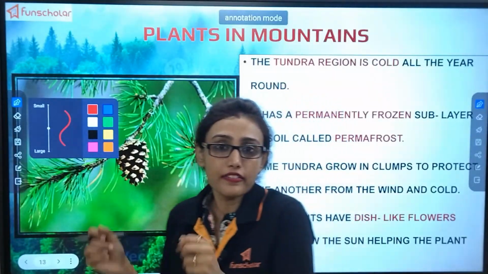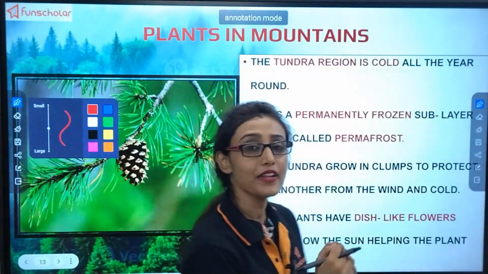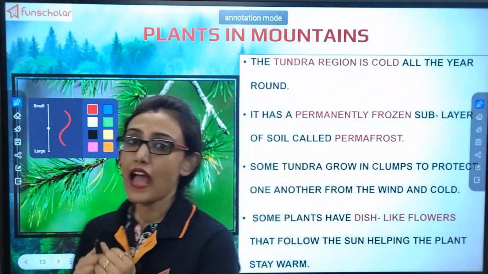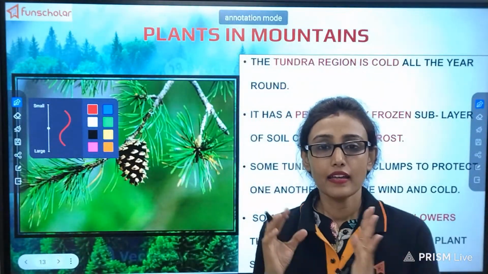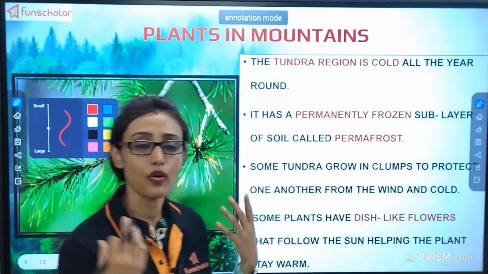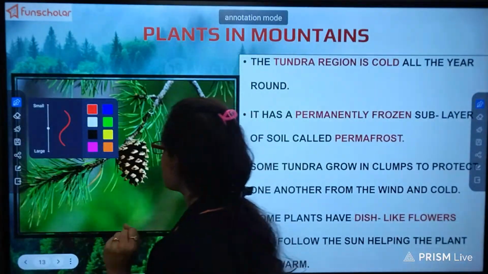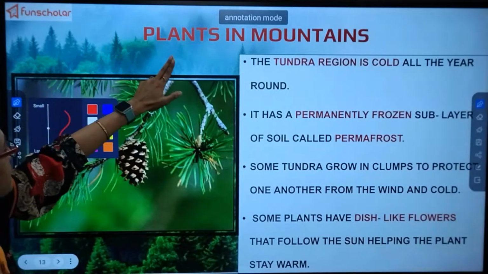If you have a dog, even you take the dog under the blanket and you sleep, right? Why? To keep yourself warm. So we have a tendency to keep ourselves warm by living in a place where we have other friends or family together. So plants also do the same.